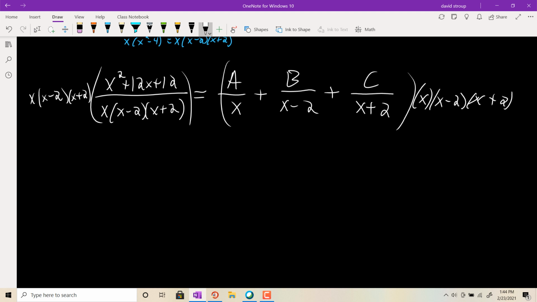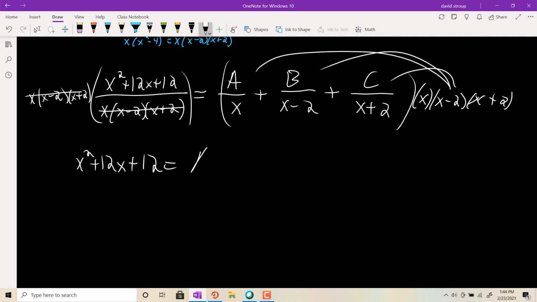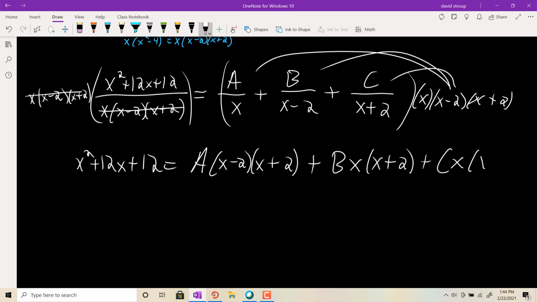So on the left, this stuff will go away. I'll just be left with x squared plus 12x plus 12. On the right, you have to distribute. So we'll have a times x minus 2 times x plus 2, plus b times x times x plus 2, plus c times x times x minus 2.